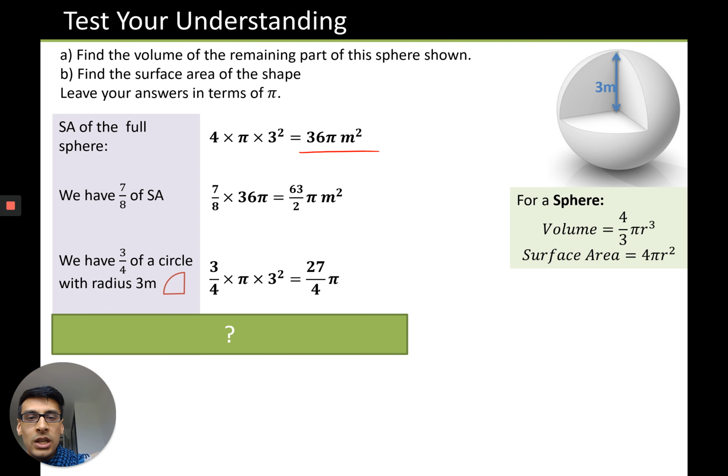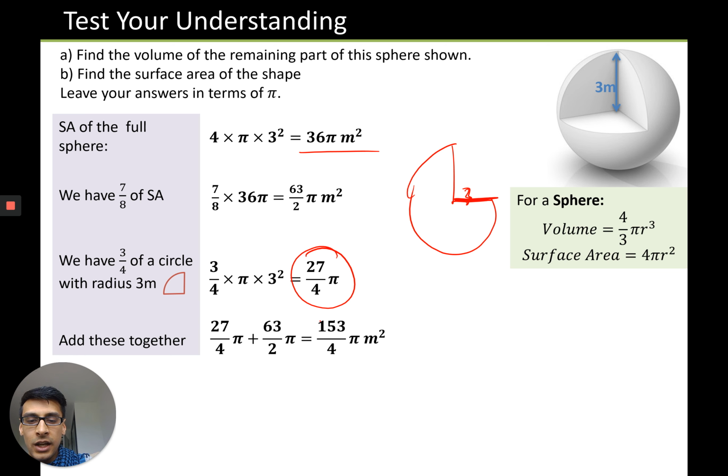And we know that that's essentially 3/4 of a circle where the radius is 3. So 3/4 of pi times 3 squared. So you get 27 over 4 pi. And in this case, we want the total surface area, so we add it up together. And you get 153 over 4 pi meters squared.